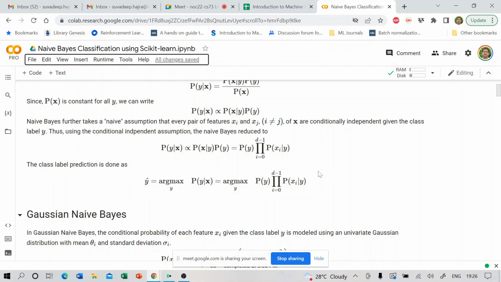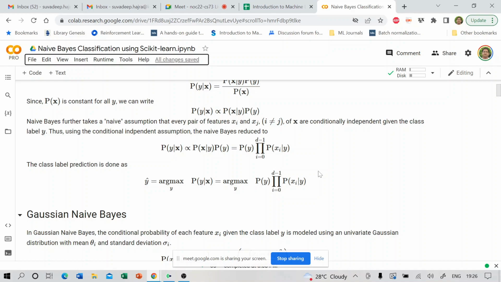You can see that there is a quadratic term in this equation. So if d is large, then the total number of parameters will be very large. So it's a lot of reduction in the number of parameters.